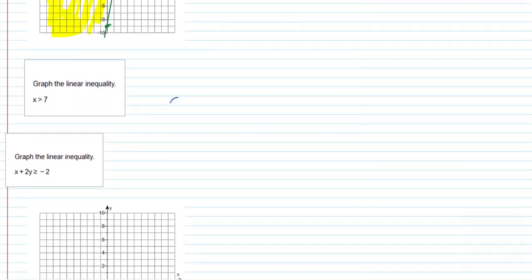All right. So right here, it's asking us to graph the inequality. And here we have not a function, but an undefined slope. And this one's a dashed line. So let's do this one.